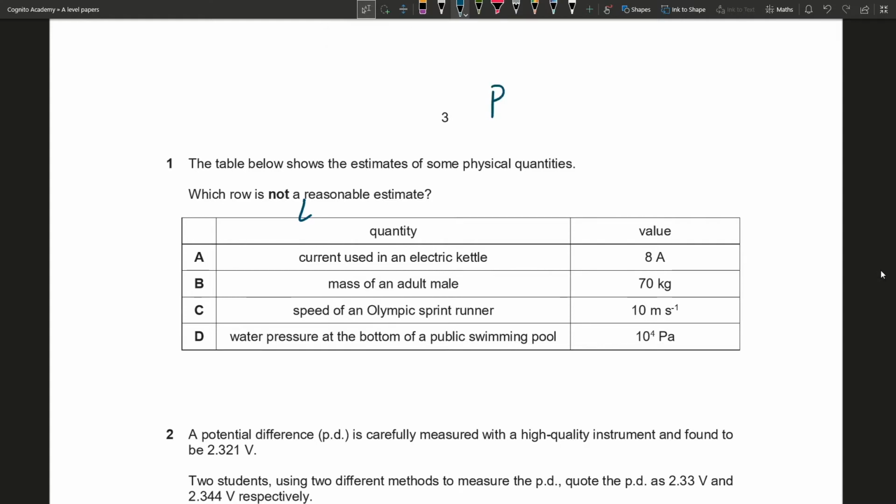The power will be equal to I times V, our current times our voltage. We know that our voltage in Singapore is 240 volts and the current is 8 amps, so 8 times 240 gives us 1920, which is quite a reasonable estimate for an electric kettle, so we'll just cross that out.